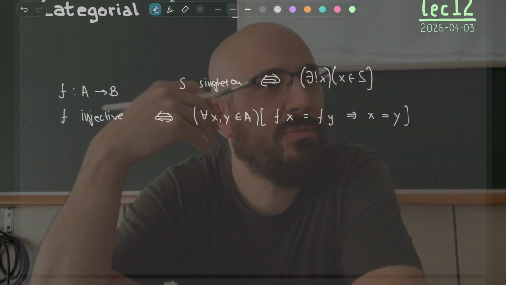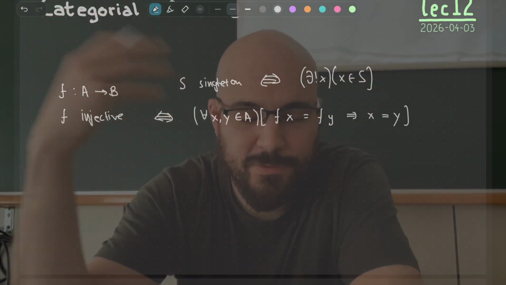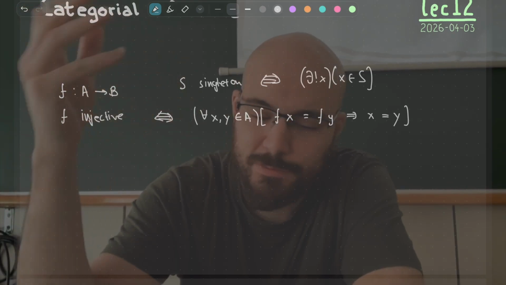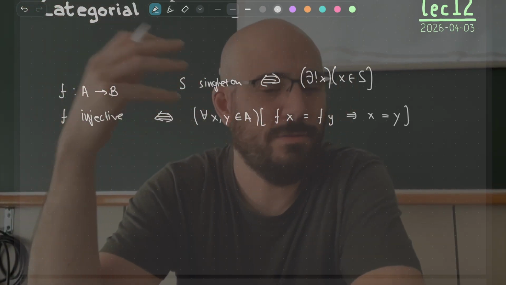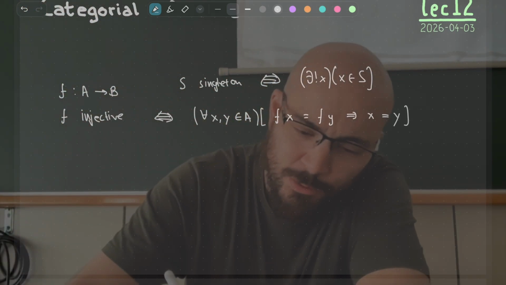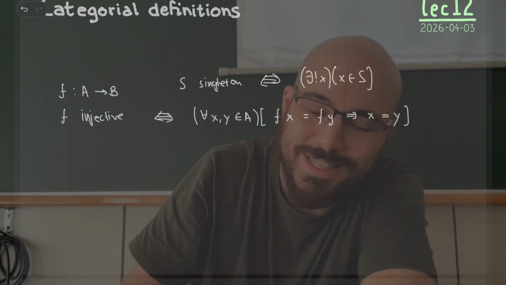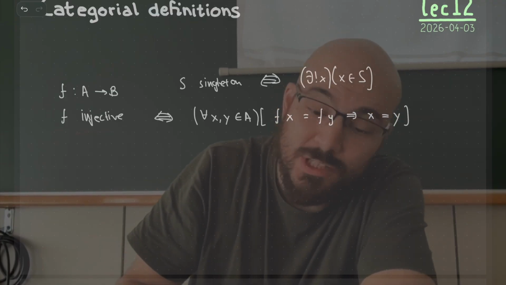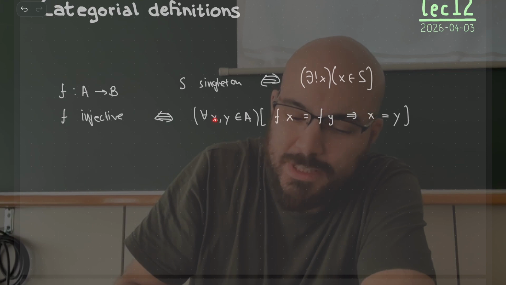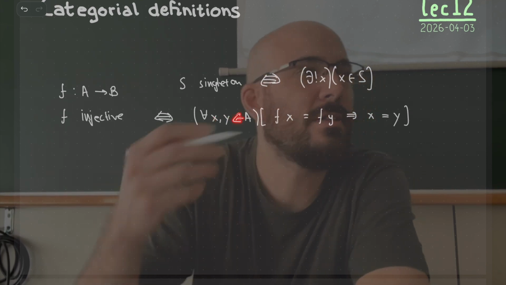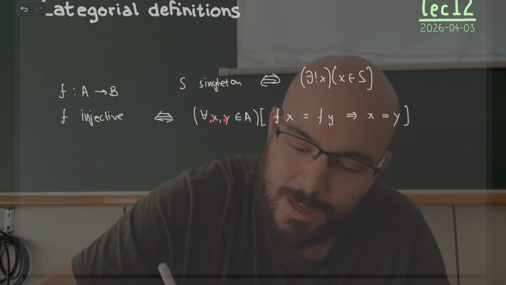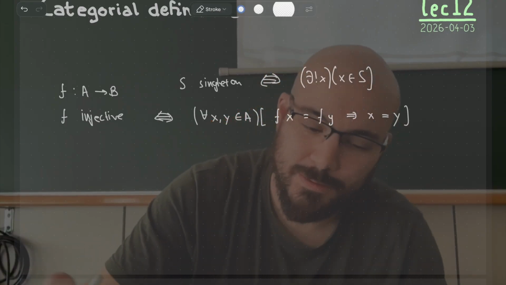I want to give point-free, not just definitions of functions, but actually point-free definitions of ideas. What it means to be injective. I want to be able to say something similar to that, or something better than that, without messing with the data. I don't have access to these little points here. I don't have access to exists.